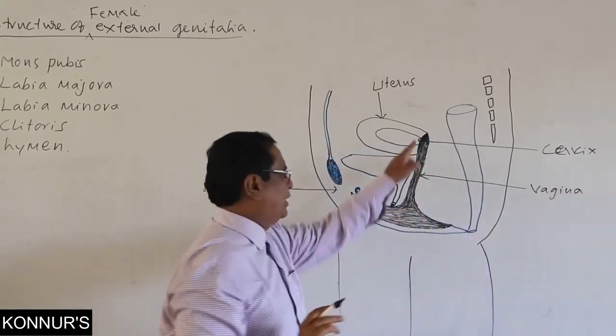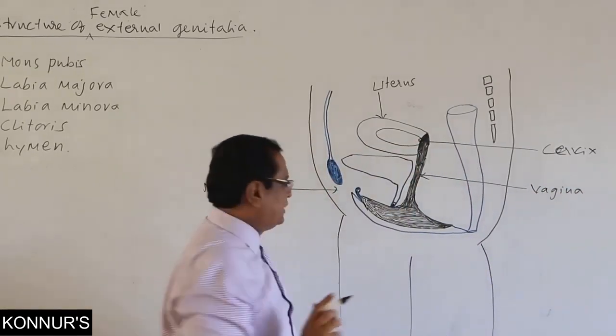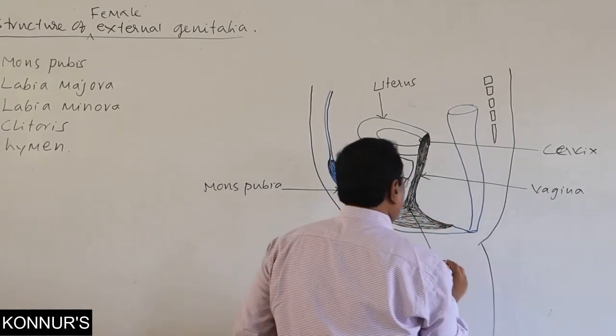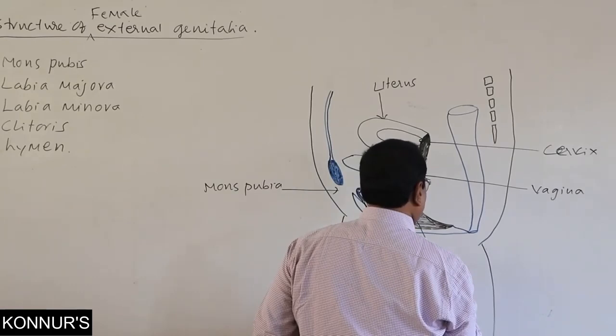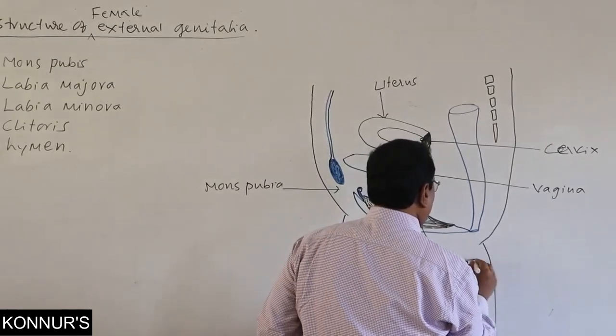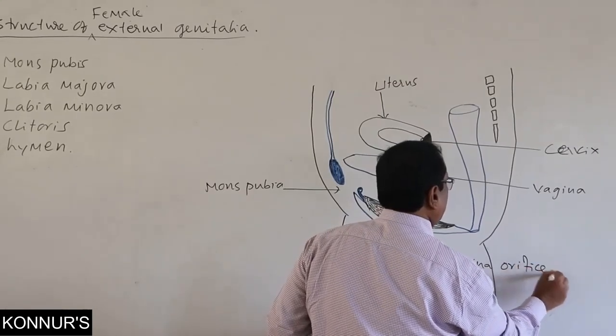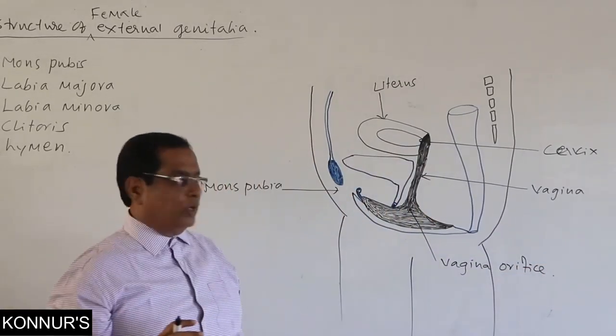It is provided with an opening. That opening is named the vaginal orifice.